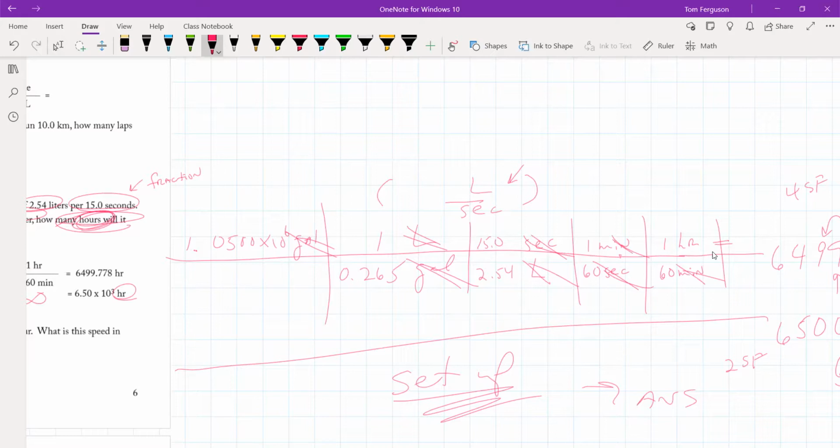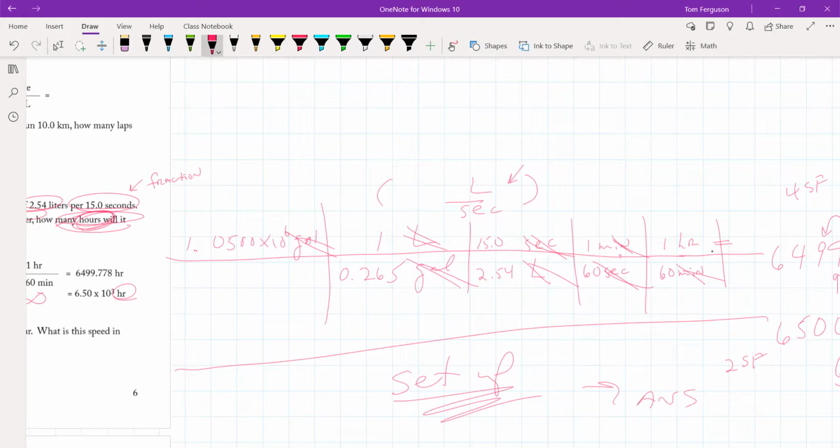And then we're all done on the top. Now, everything on the bottom, we hit the divide key. Divide 0.265. Hit the divide key again, 254. Hit the divide key again, 60. Divide key again, 60. Enter.